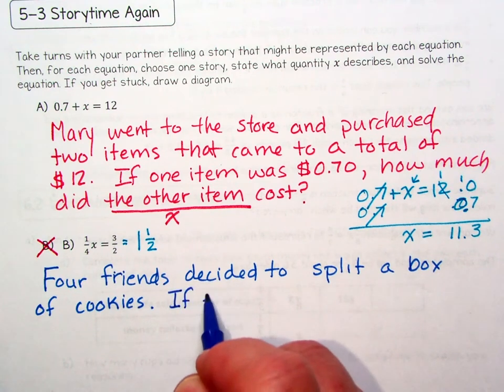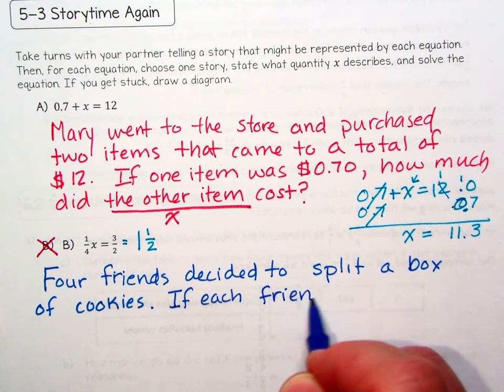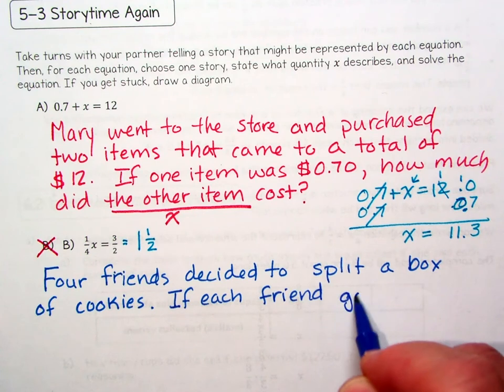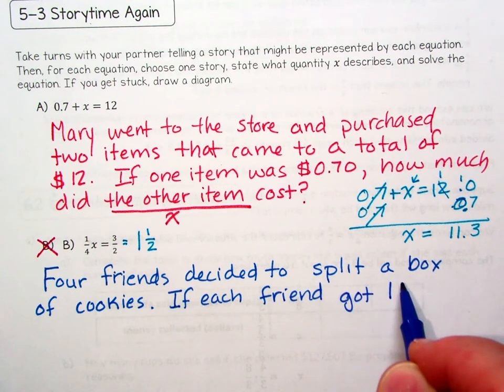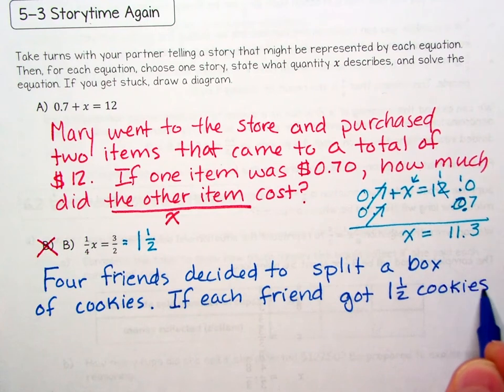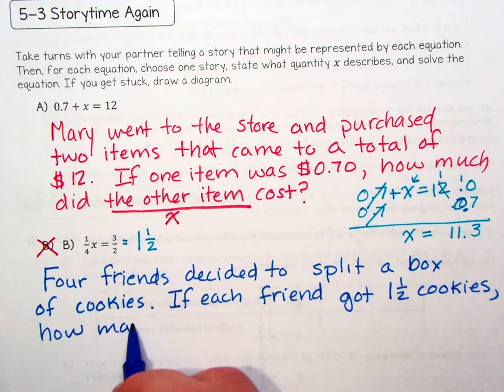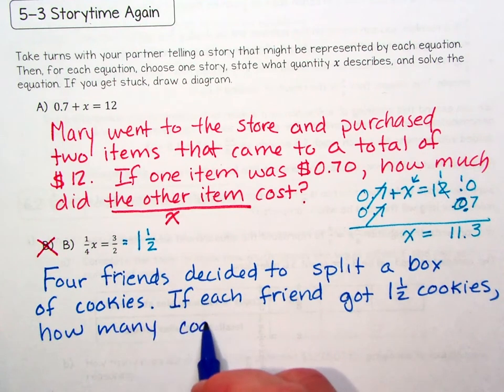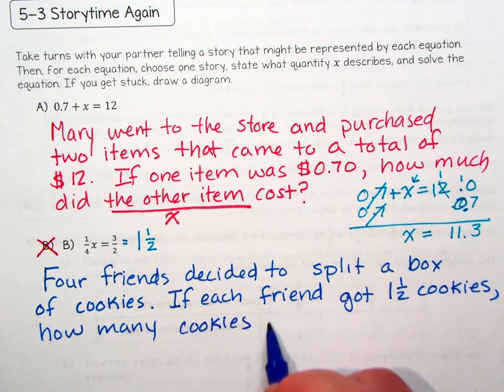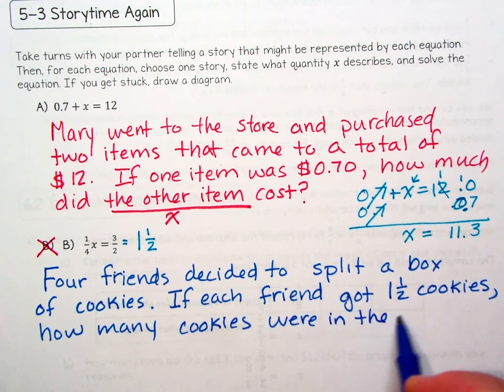If each friend got 1 1/2 cookies, how many cookies were in the box?